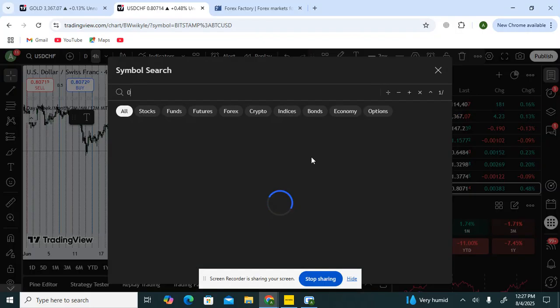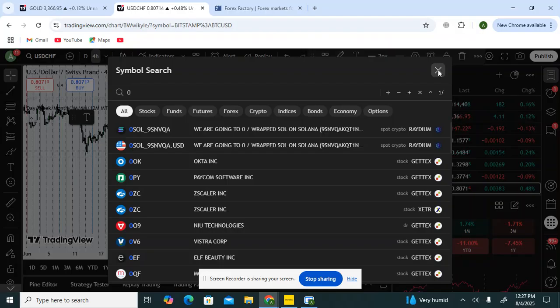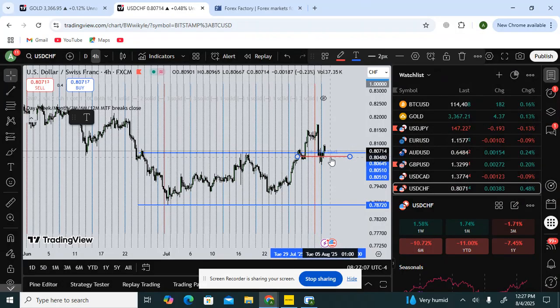You see, it broke out. It pulled back, but it gave a lower low. It broke the low of 30th June.